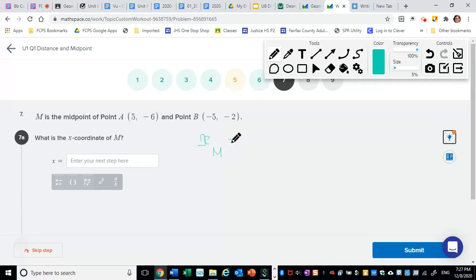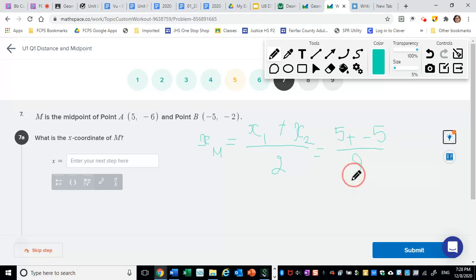Which equals x1 plus x2, right? You add the x coordinates and then divide by 2. And then you have x1 is 5, x2 is -5, and divide by 2.